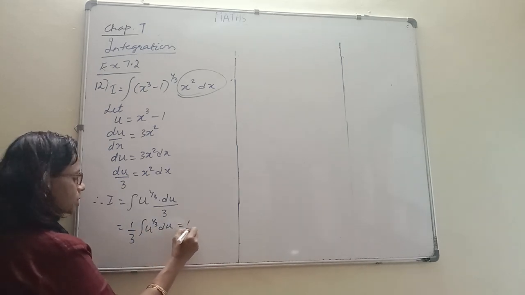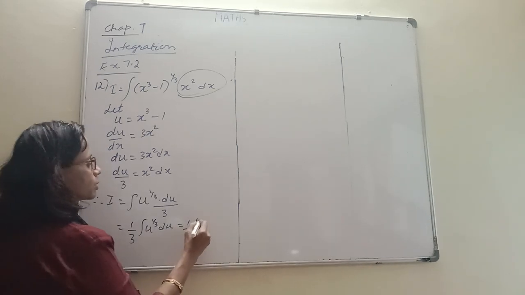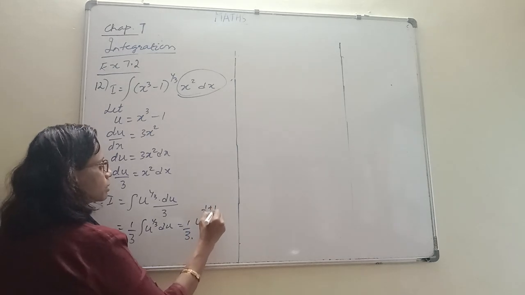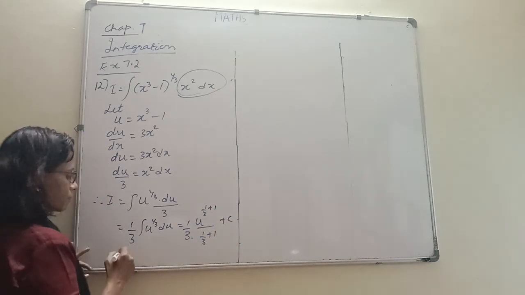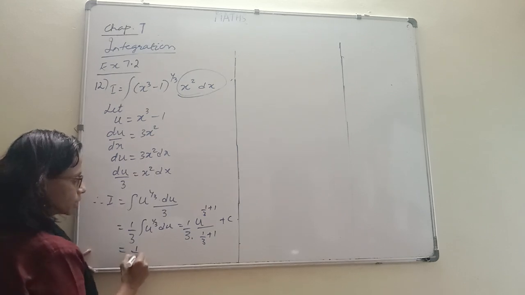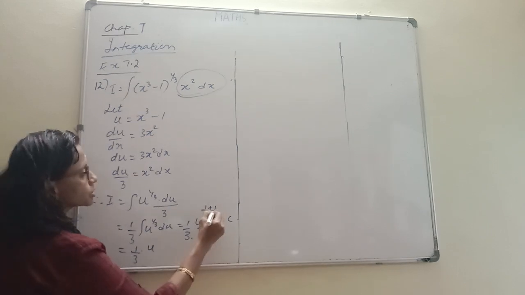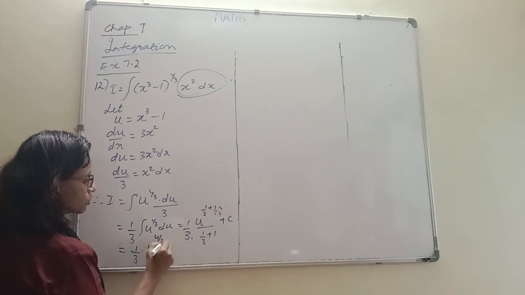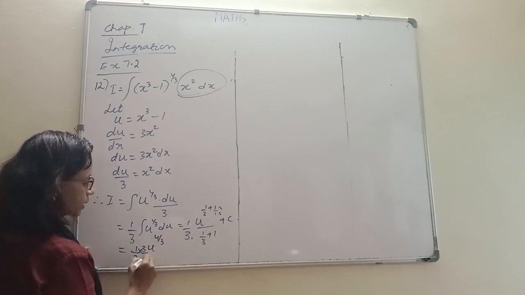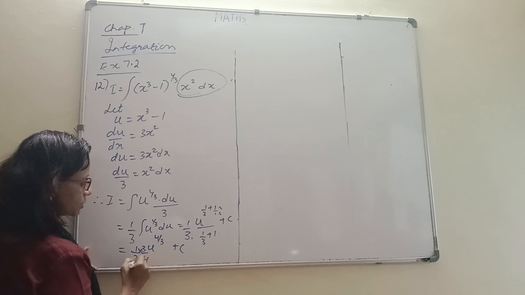So that's very clear to us that it's going to be u raised to 1 over 3 plus 1, over 1 over 3 plus 1, plus c. So when we work it out, it will be 1 over 3 times u raised to 4 over 3, and 3 over 4, plus c. So you have this cancelled.